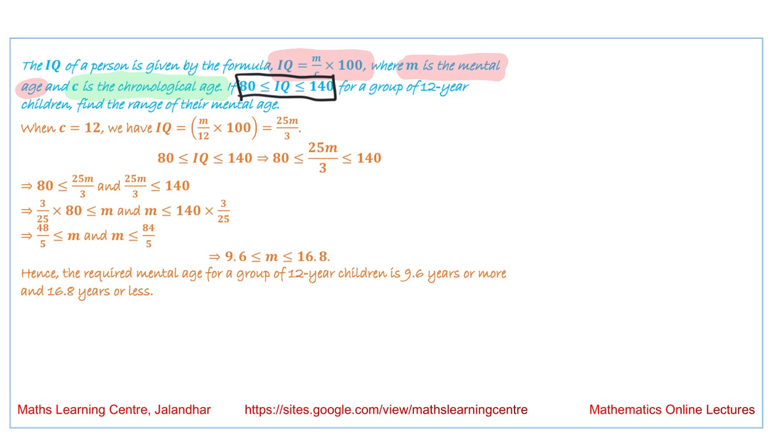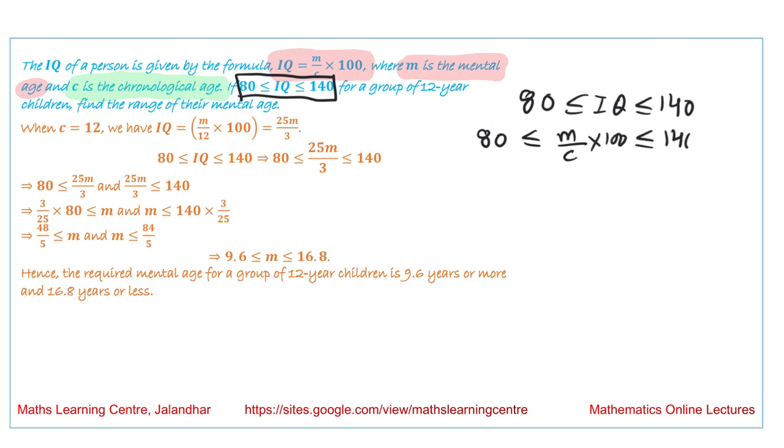It is given that 80 is less than or equal to IQ is less than or equal to 140. The formula gives 80 is less than or equal to M by C into 100 is less than or equal to 140, and it is given for 12-year-old children, so the chronological age C is 12.